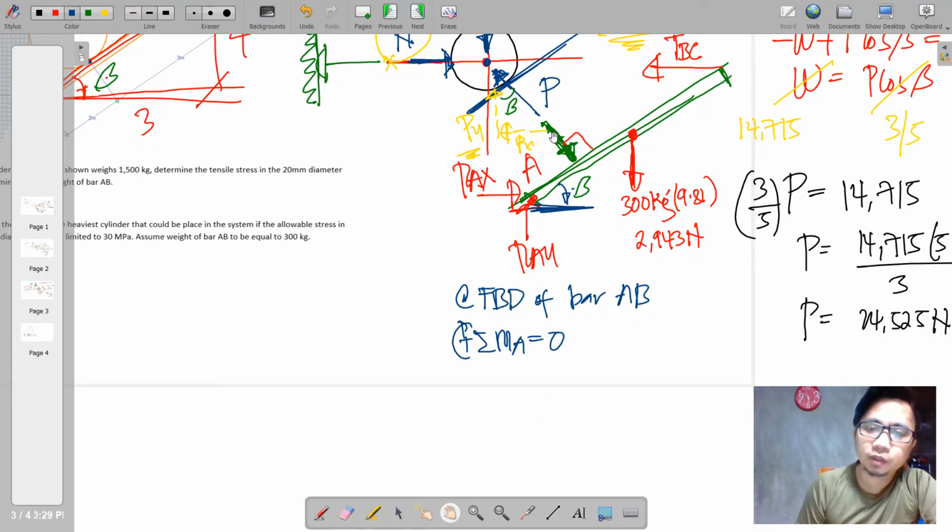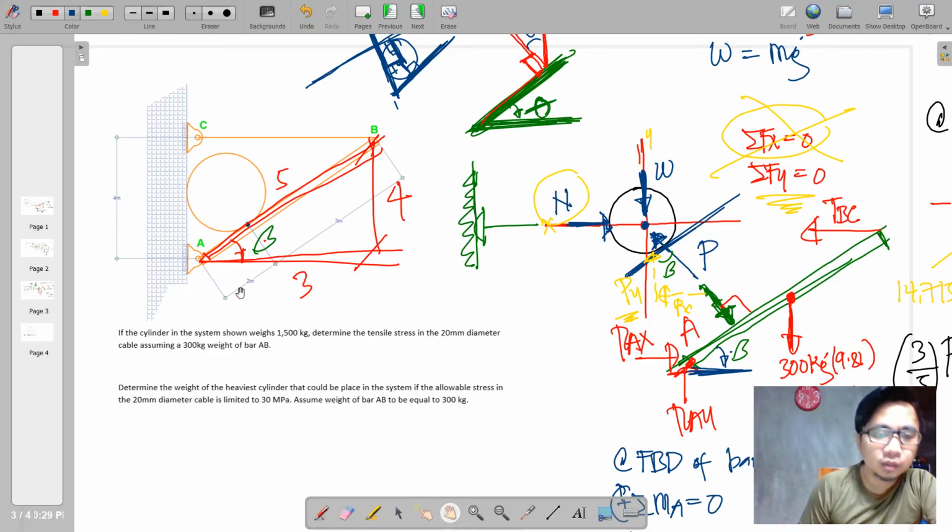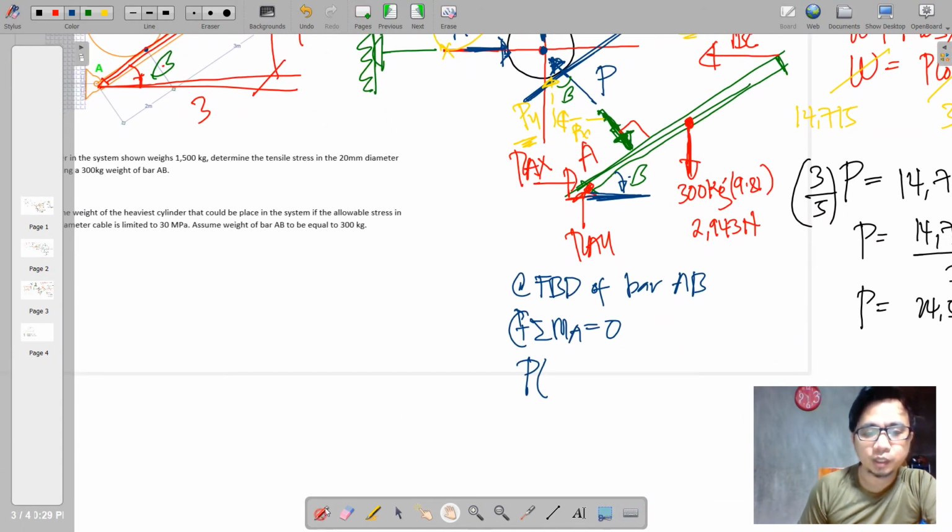We have first P, that is clockwise. P times the moment arm. So let's see the dimensions here. It is actually 2 meters from A, along the axis of your inclined bar AB. So that is 2.